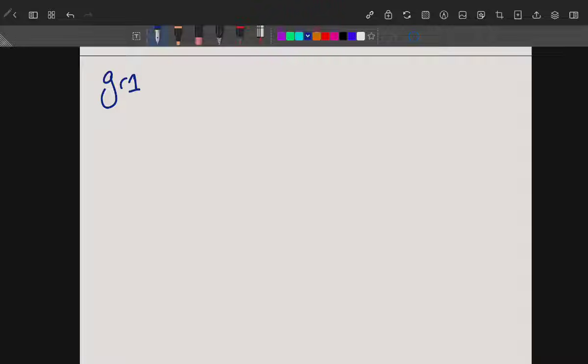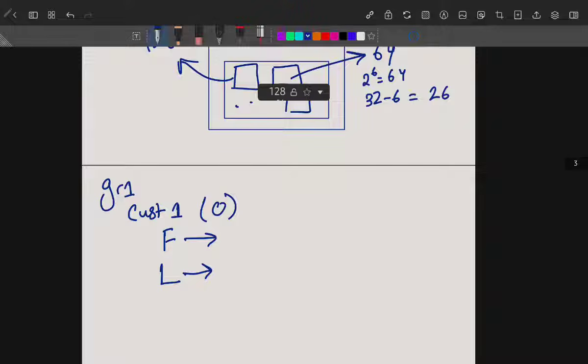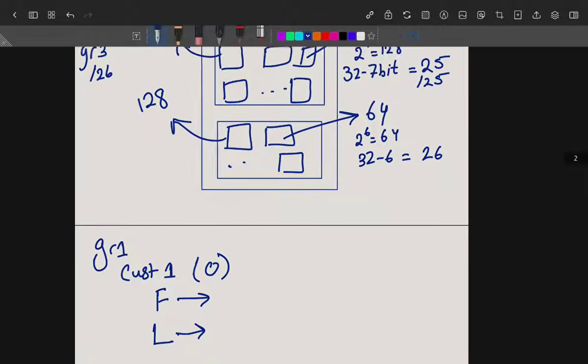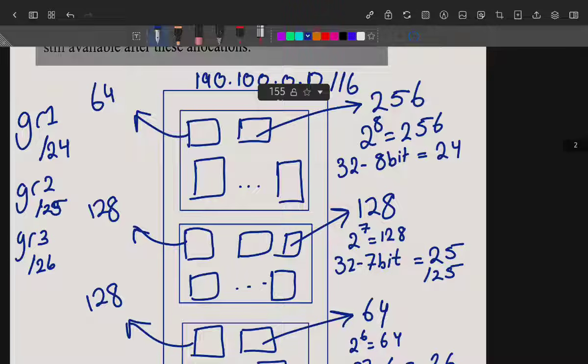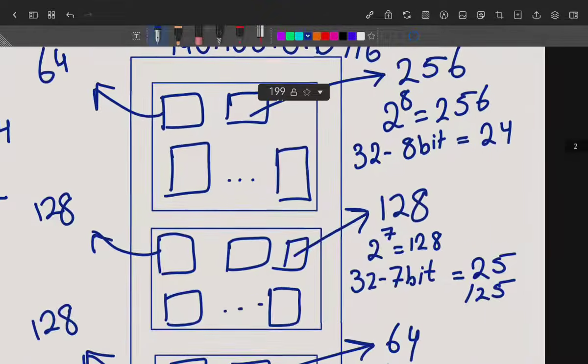With group 1 we need customer 1, however in computer terms it is customer 0. Then we will need the first address for customer 1 and the last address for customer 1. Remember that IP addresses are always contiguous, one after another.